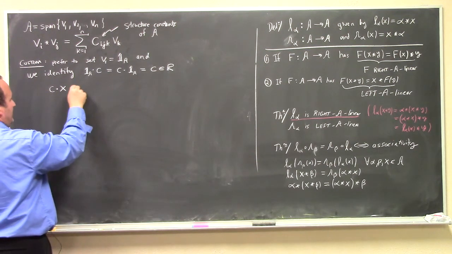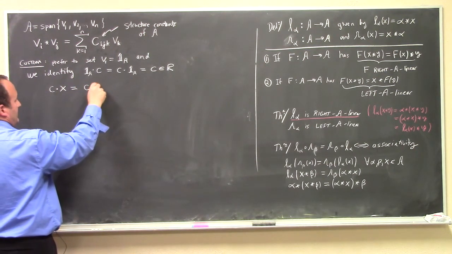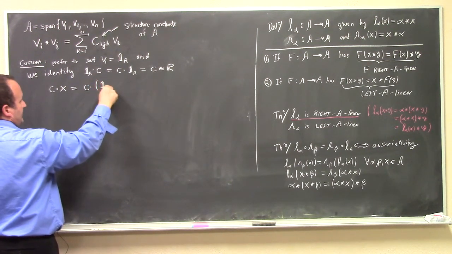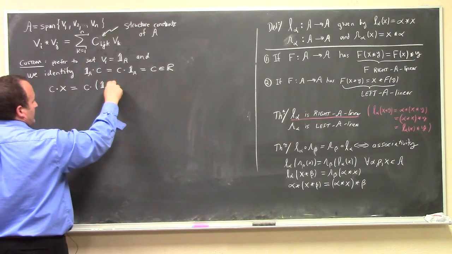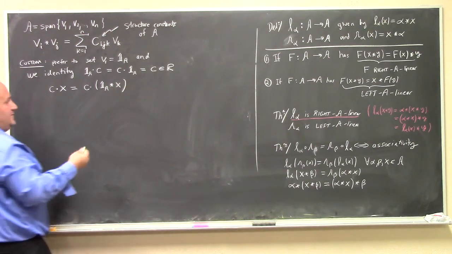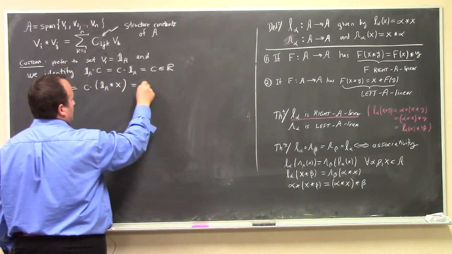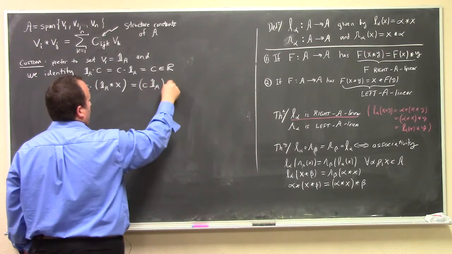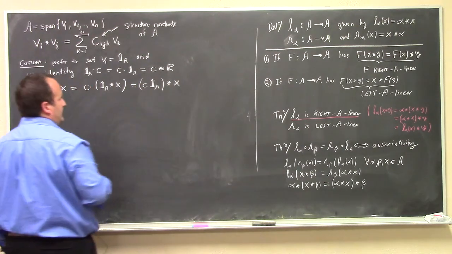That's the same as a constant times 1 in the algebra, times x. So I could just as well think of that as the constant times 1_A times x, by one of the axioms of the algebra.